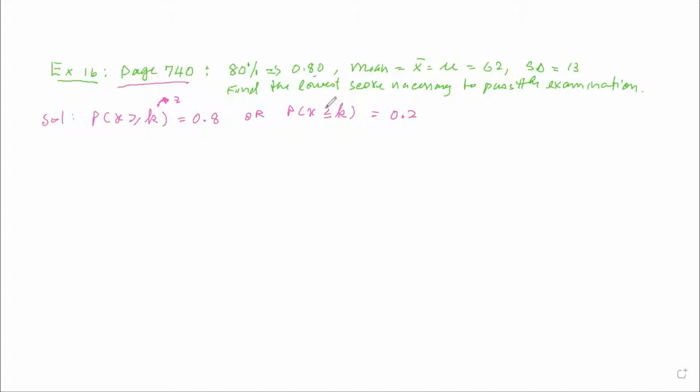Because when you read the value of x or z score from the table, remember, we read the probability under the curve from the normal curve, starting from the left end area up to whatever point you want.